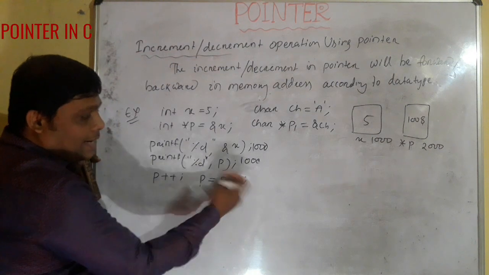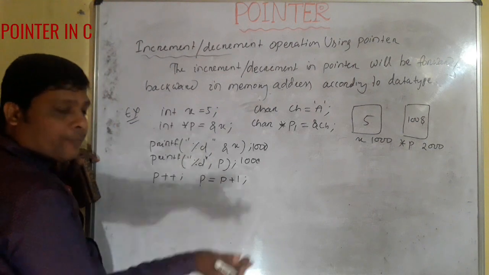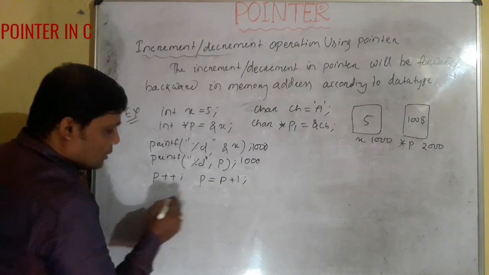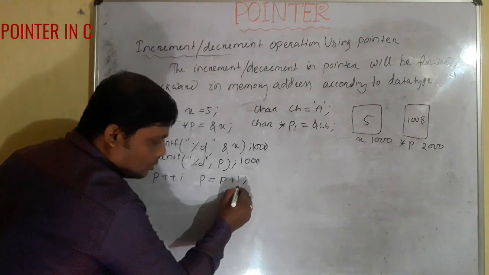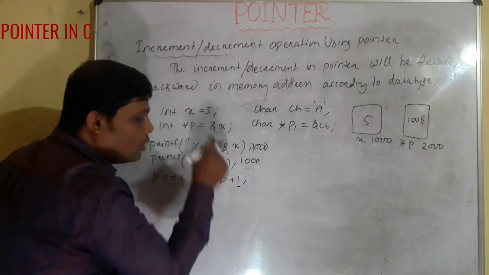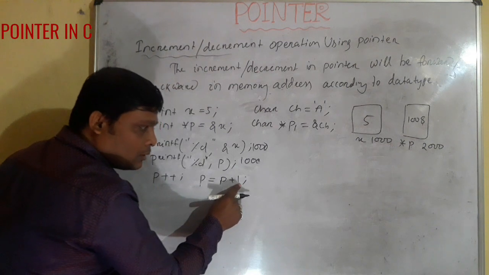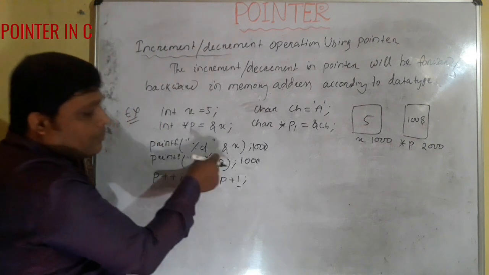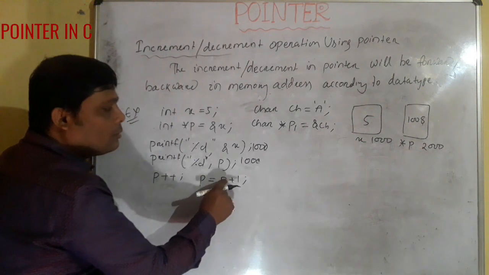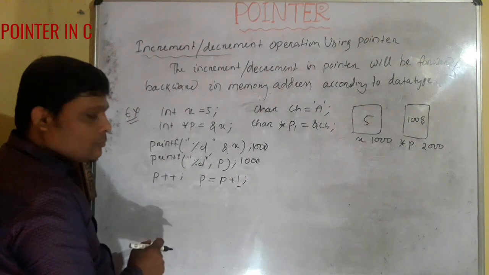If I am adding some value to a pointer, then the size of that data type will be multiplied with this value. Clear? Then it will be added to the pointer, and your pointer or address will be shifted to that address.